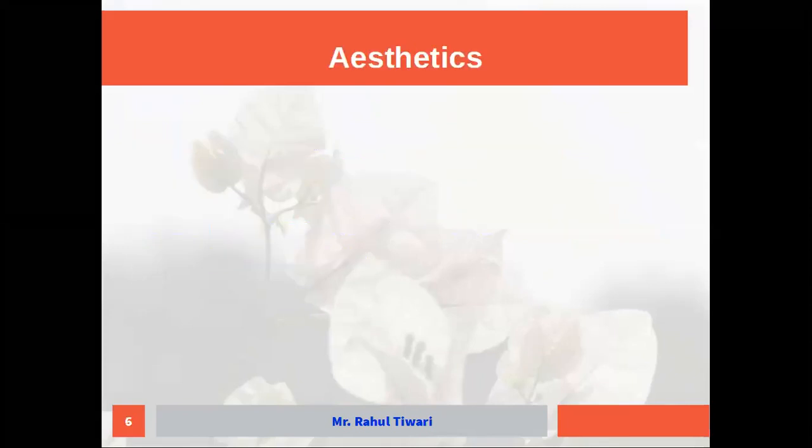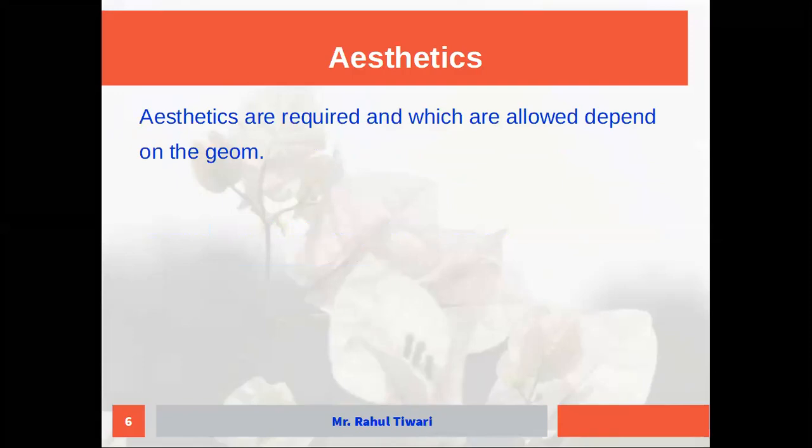Then what is aesthetic? Aesthetics that are required and which are allowed depend on the geometry. So it is geom. Geometry means you can give the x-axis, y-axis, z-axis, you can use a horizontal bar, you can use geometric bar, you can use so many things, like you can put tags, x-axis, y-axis.